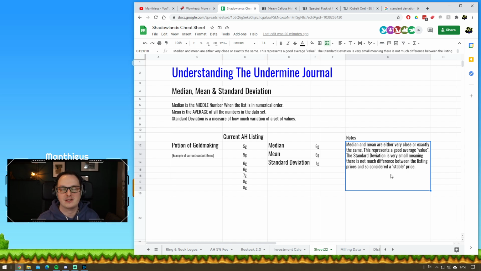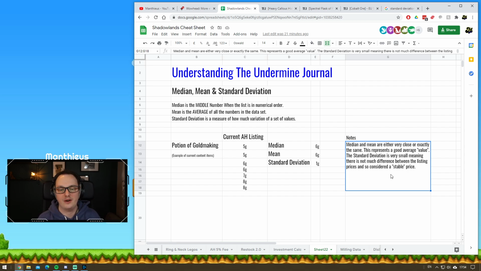This is representative of a good average price. The standard deviation is very small, meaning there's not a huge amount of difference between the listings, so you would consider this a relatively stable market. There's not huge price swings all over the place. You know that if you go to the auction house, the price of the potion of gold making is going to be within a couple of gold. There's not going to be a huge difference in this.